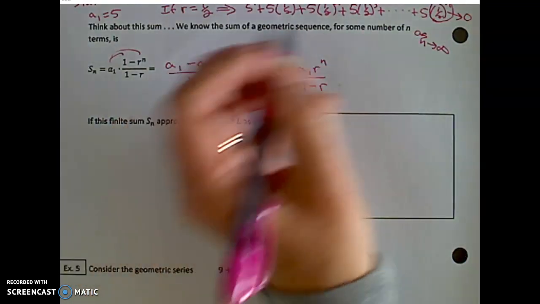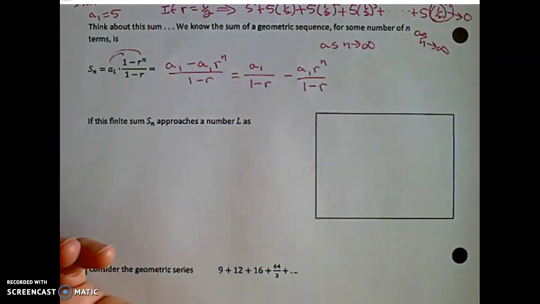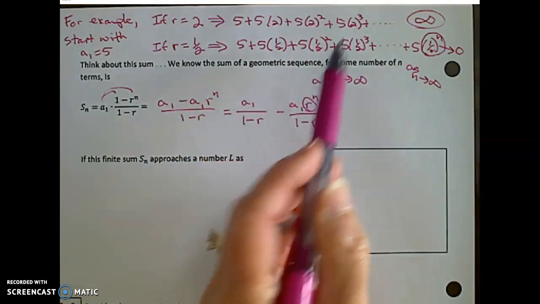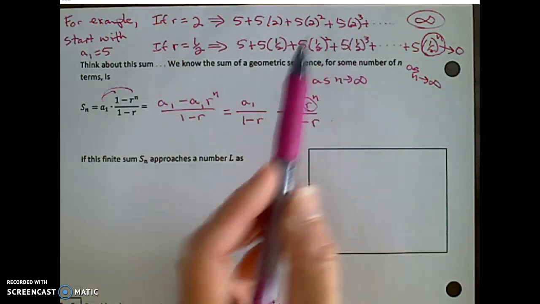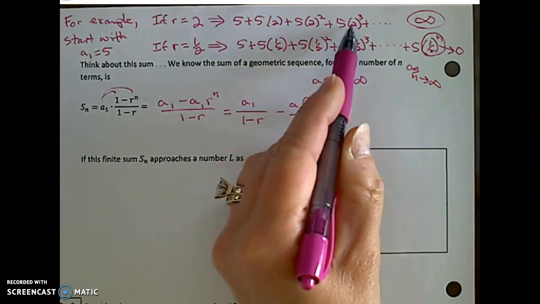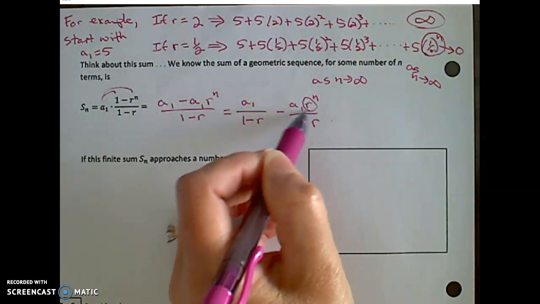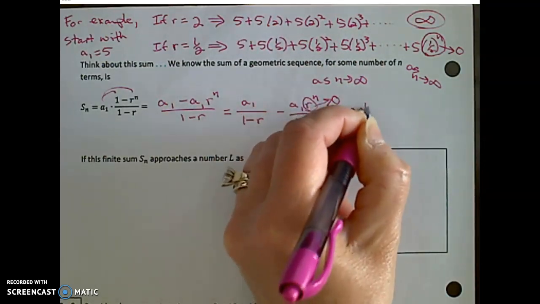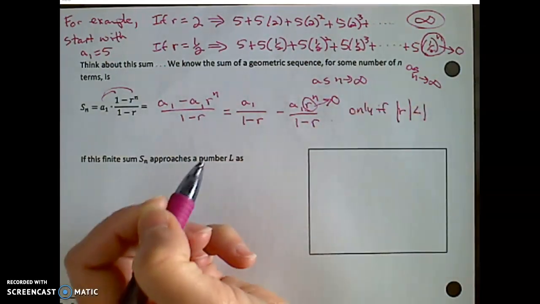Now think about these terms as n gets huge. Like we saw above, a ratio that's raised to a power keeps growing when that ratio is bigger than 1. But when that ratio is a fraction less than 1 and I raise it to a huge power, this thing approaches 0 only if that ratio in absolute value is less than 1.